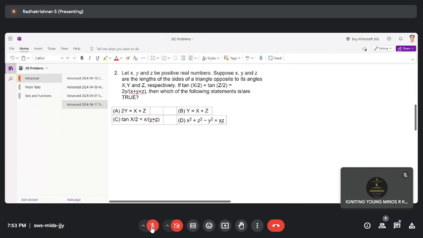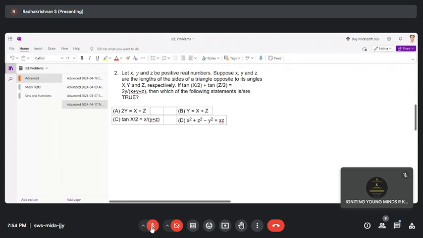It is similar now. You have to use properties of triangles. You can see that some side lengths are given, and tan x by 2, tan z by 2. There is a formula that links tan x by 2 to the side lengths. If you can remember that formula, that is what we need to apply here.